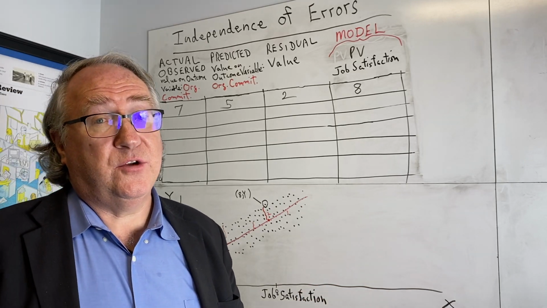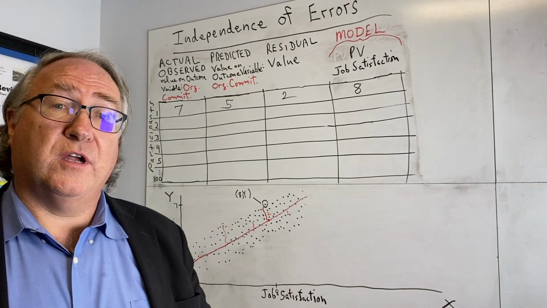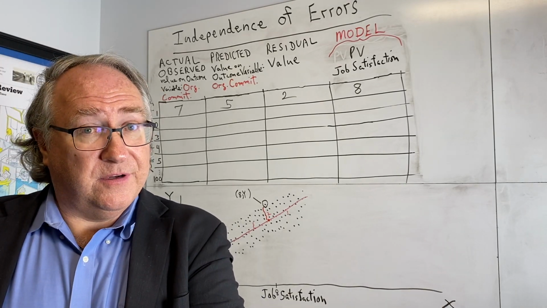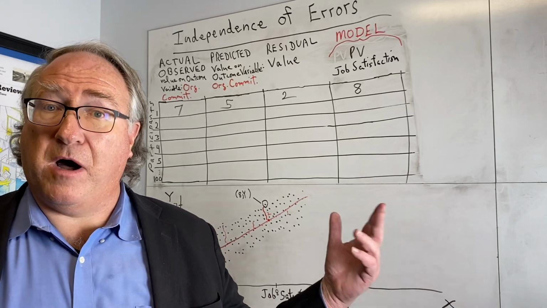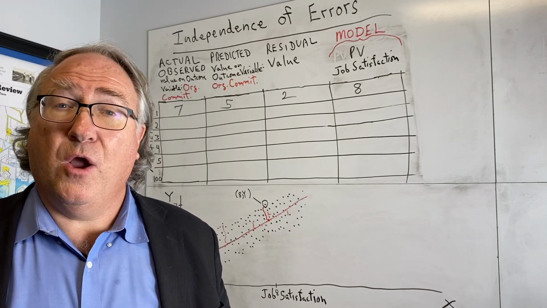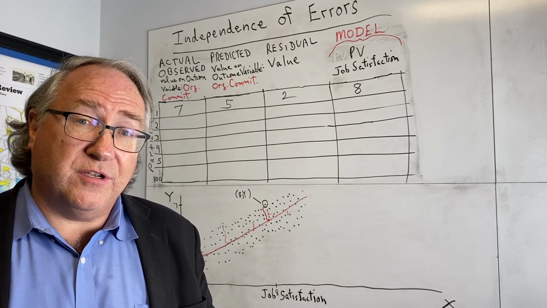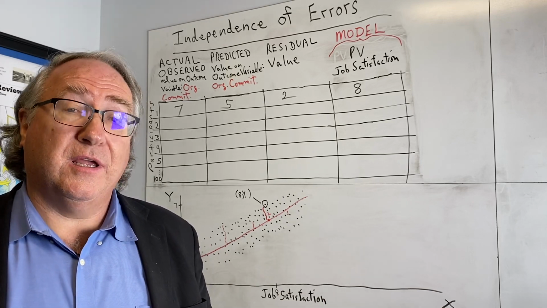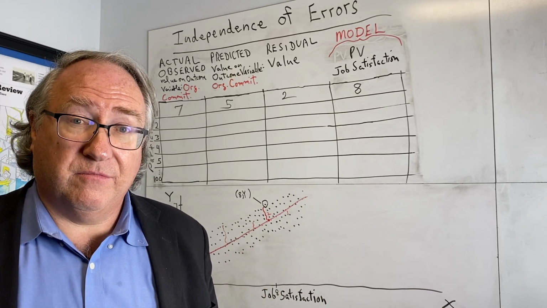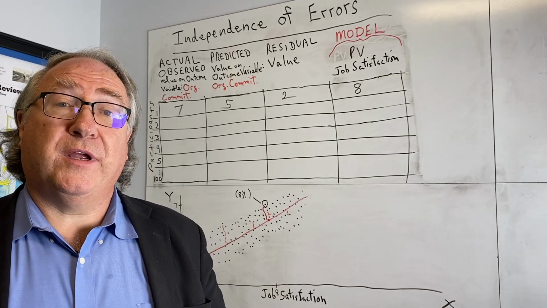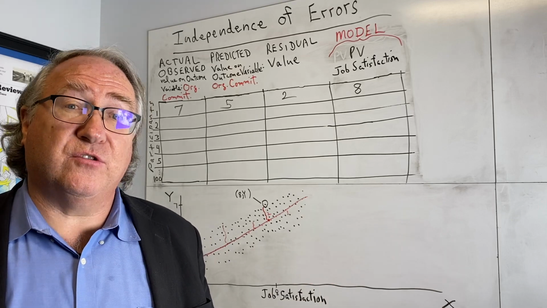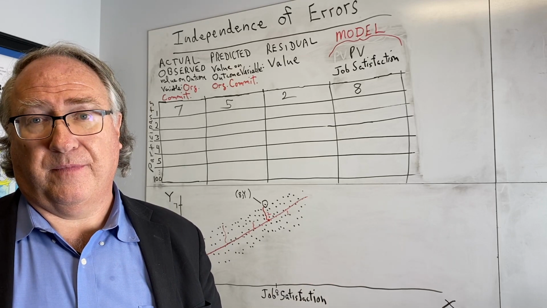And so what you need to do instead is go over to some other statistical procedure like multi-level modeling, which takes into account the correlation between the errors. Or put another way, the correlation between the actual observed values on the outcome variable.